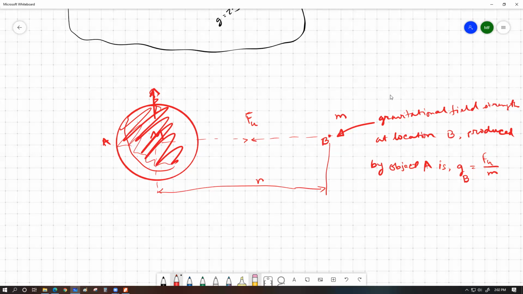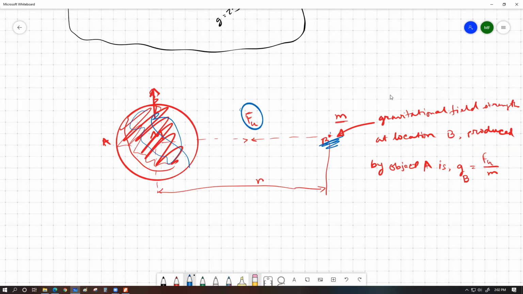So right at this point, the test mass that we are bringing has a mass of small m, and let's say this is the distance r apart, from center to center. The pull that this object is experiencing because of this massive object has a value of Fg at this point.